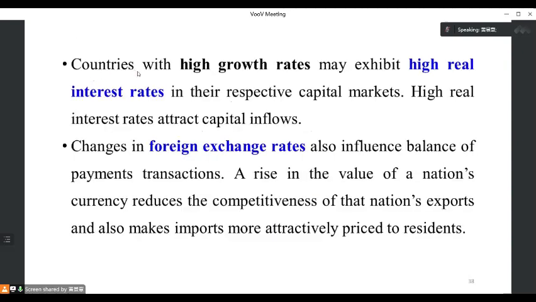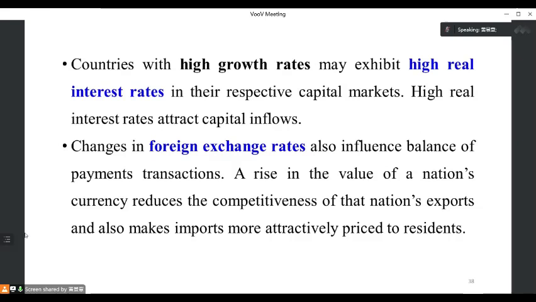Let's go on. Countries with a high growth rate may exhibit higher real interest rates in their respective capital markets.